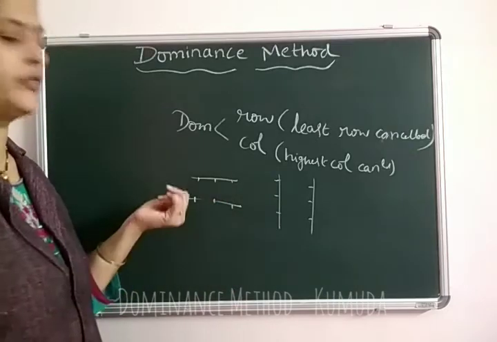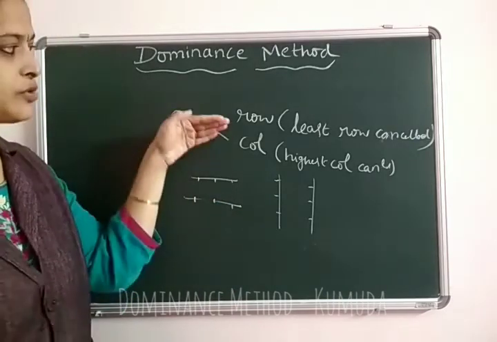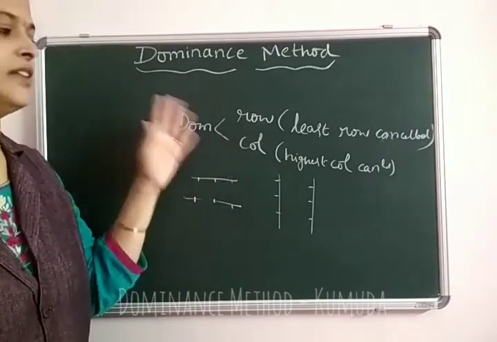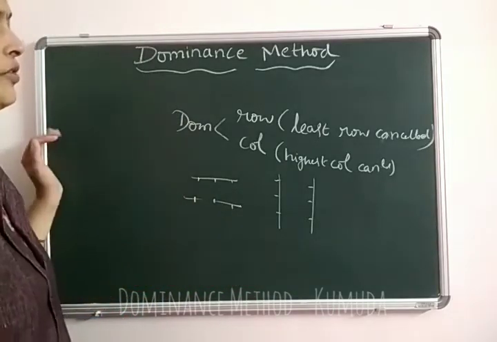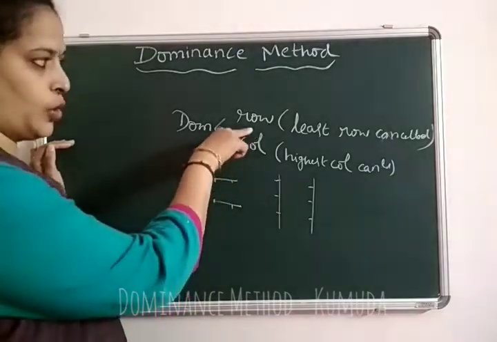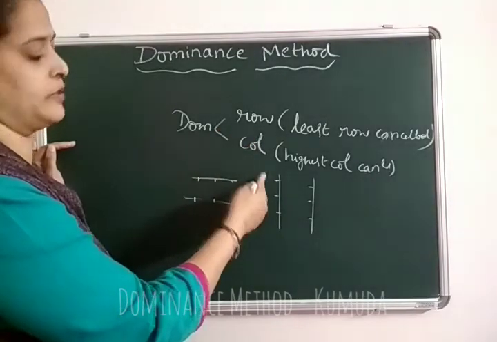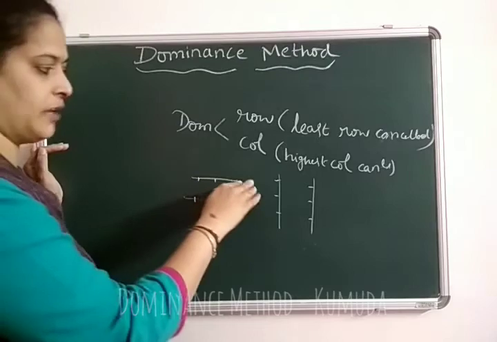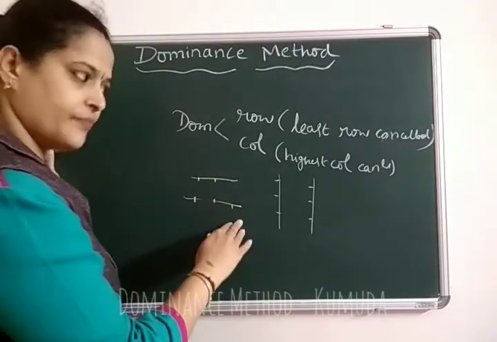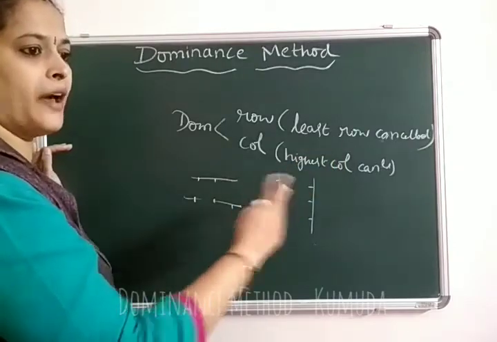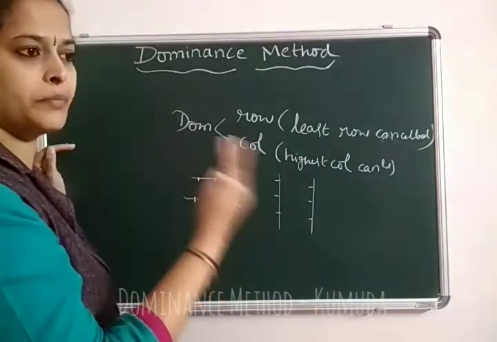In the same way, we calculate the dominance based on row dominance and column dominance and then reduce the given payoff matrix into a 2 cross 2 matrix. How do we do that? It is based on the row principle and the column principle. In the row, if we have the highest element dominating the second element, we cancel the least row. Similarly, compare any two columns; every column is compared with every other column.